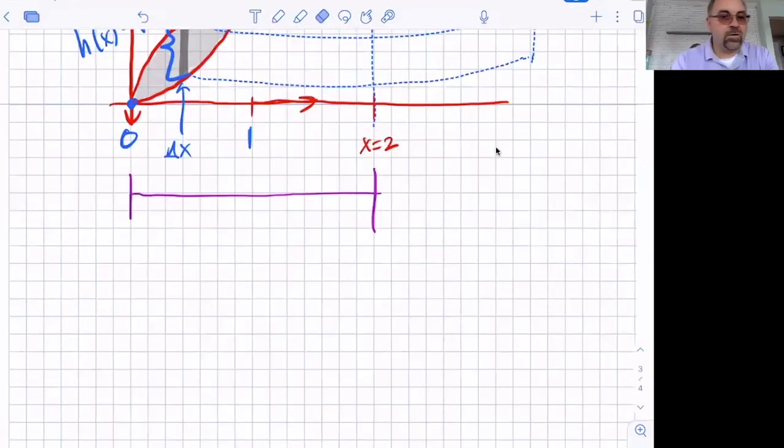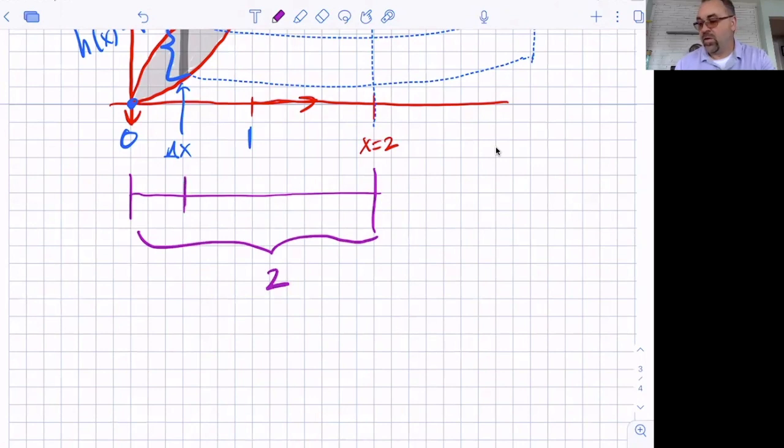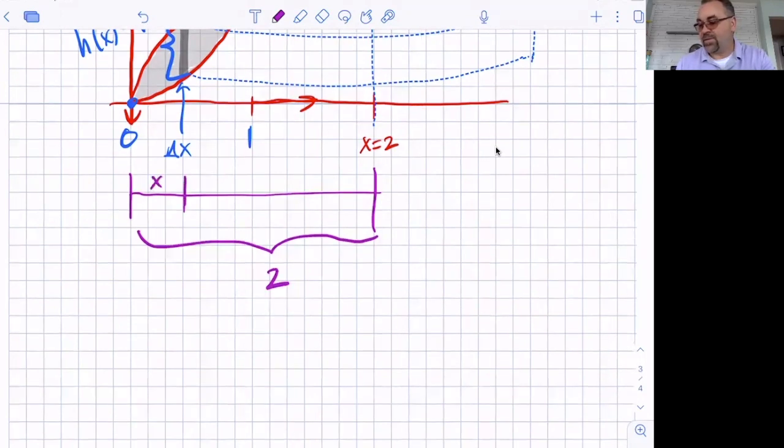Here's where that segment relationship comes in that I was talking about earlier. We know the distance from the origin to the axis of revolution is 2. We know the distance from the y-axis over to the rectangle is x.